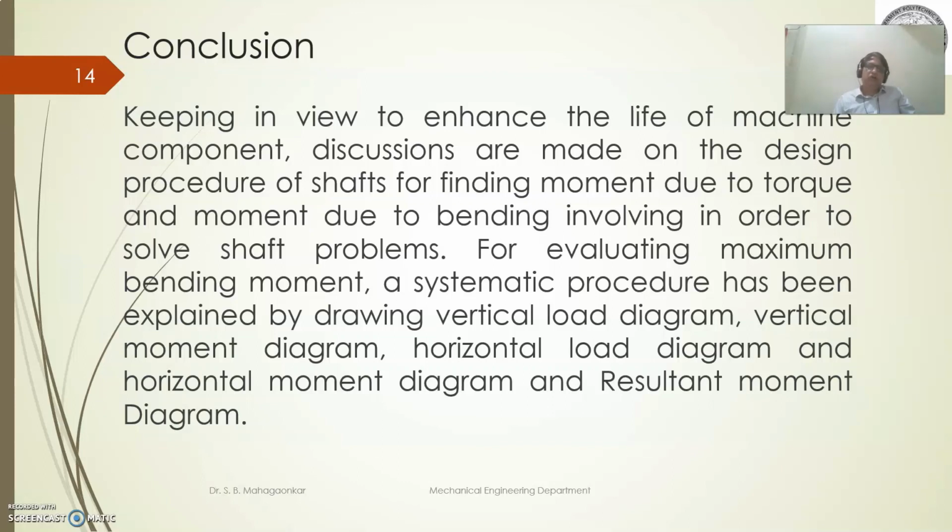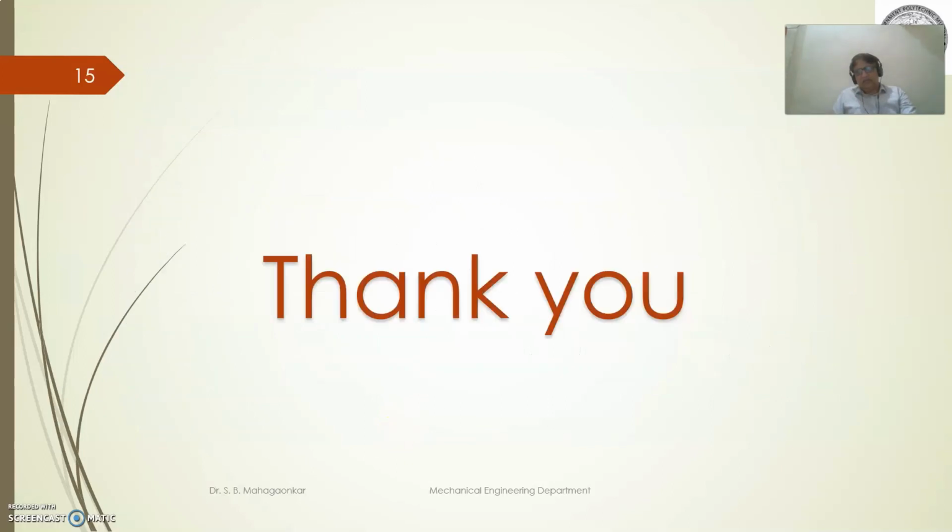By drawing the vertical load and horizontal load diagrams and the resultant moment diagram, we get the maximum bending moment. By taking these MB and MT values, and assuming KB and KT, we can design the diameter of the shaft. Thank you.